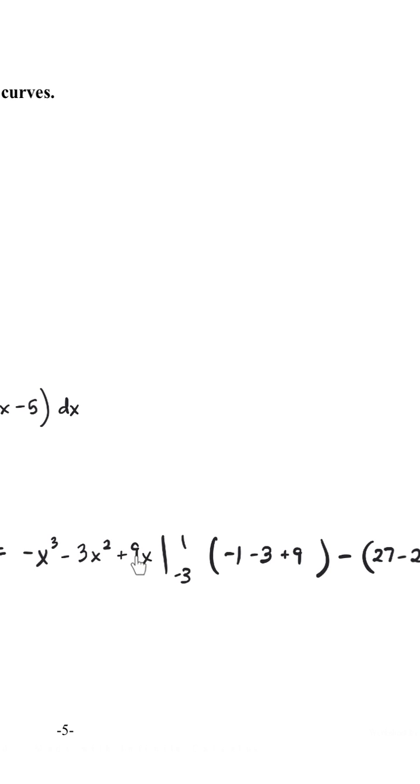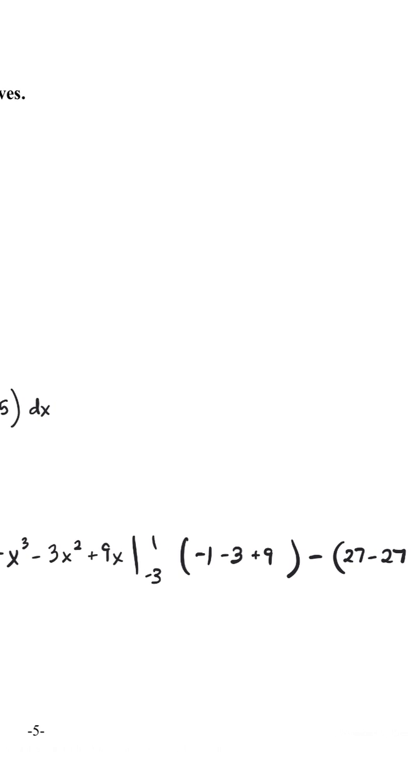And then, excuse me, negative 3 times 9 is minus 27. So here we get 5. From that we subtract negative 27. 5 plus 27 equals 32.